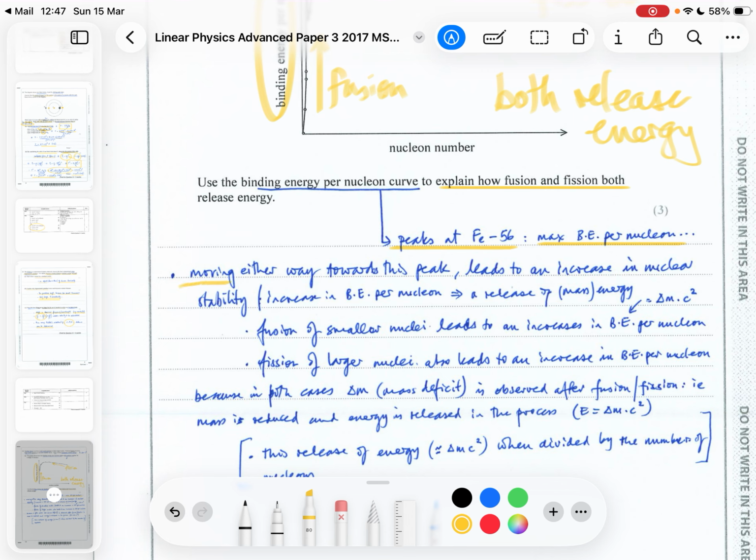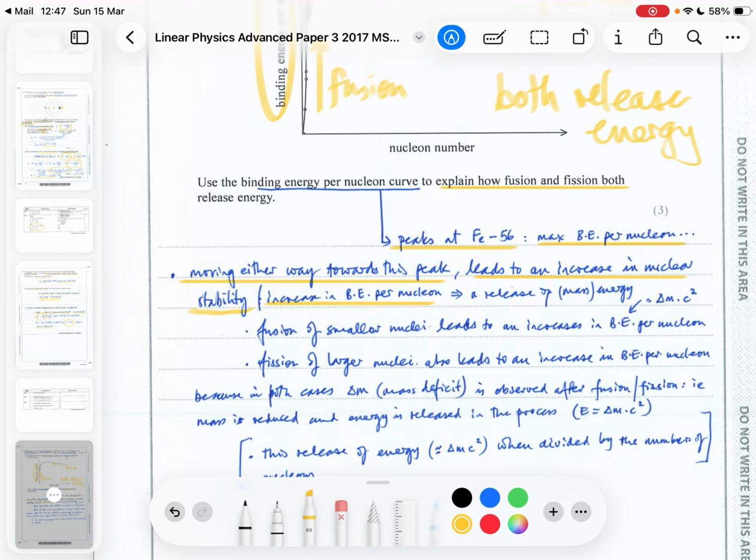So moving either way towards this peak leads to an increase in nuclear stability, which is an increase in binding energy per nucleon. So an increase in binding energy per nucleon of any nucleus means that it's more stable. And when something is more stable, it's held more tightly together. And it's kind of like the ability to release energy, a bit like an exothermic chemical reaction.